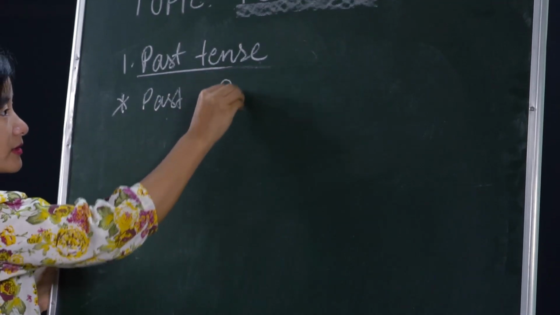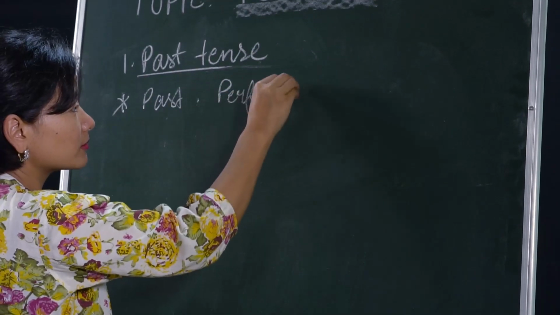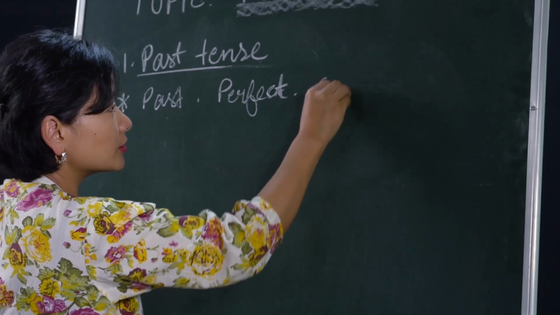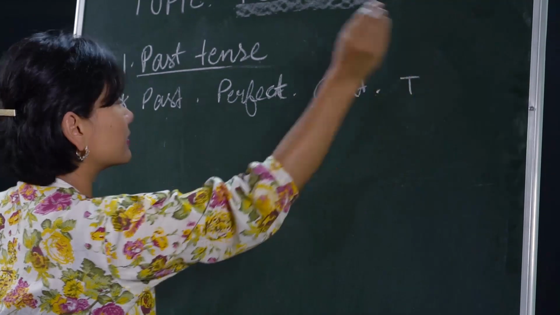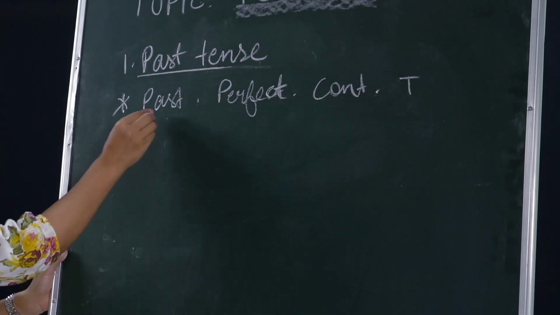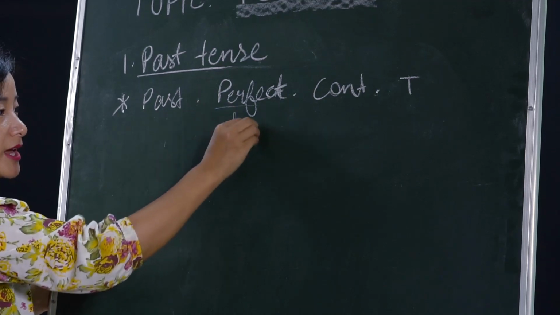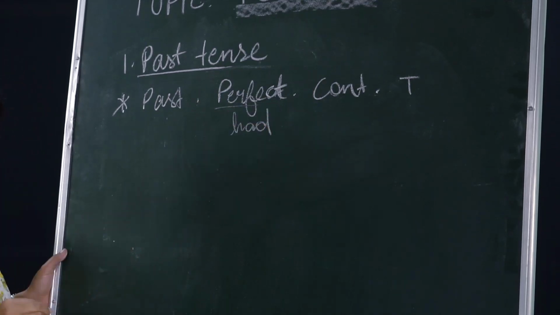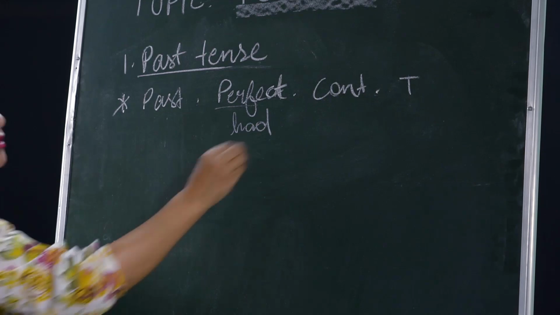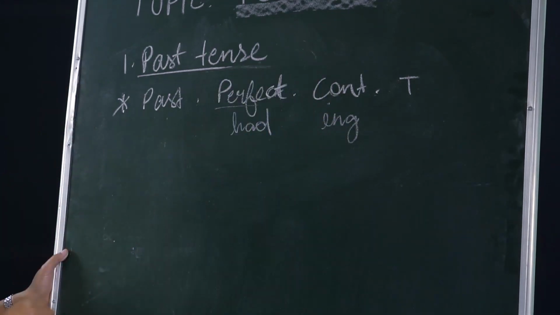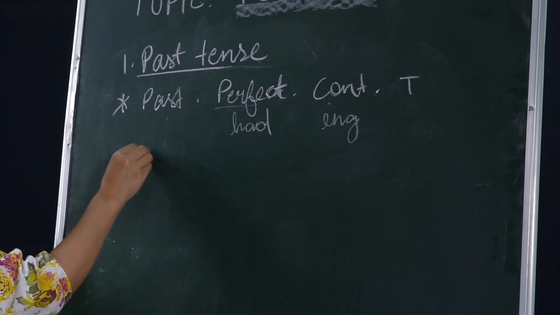Past perfect continuous tense. So our verb should be in the past, we know that. Now when we say perfect, we need a had here, the perfect helping verb. Then continuous, which means we need an ing in our verb. So let's go with another example here.